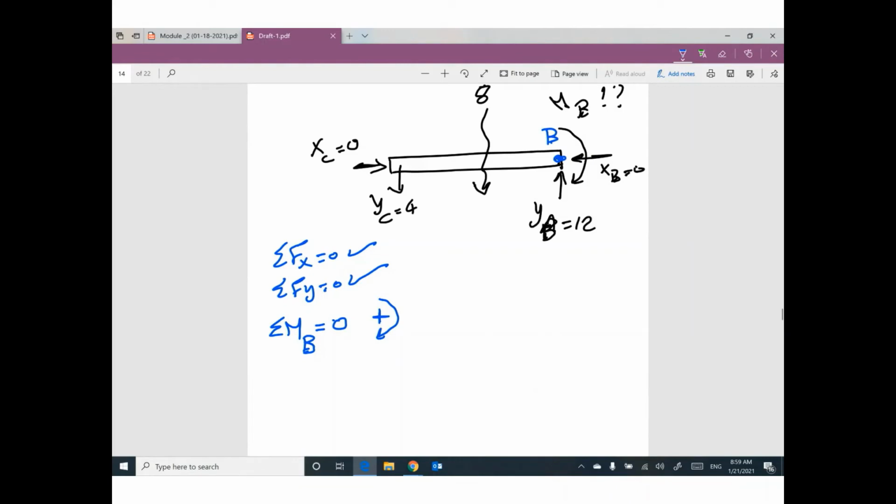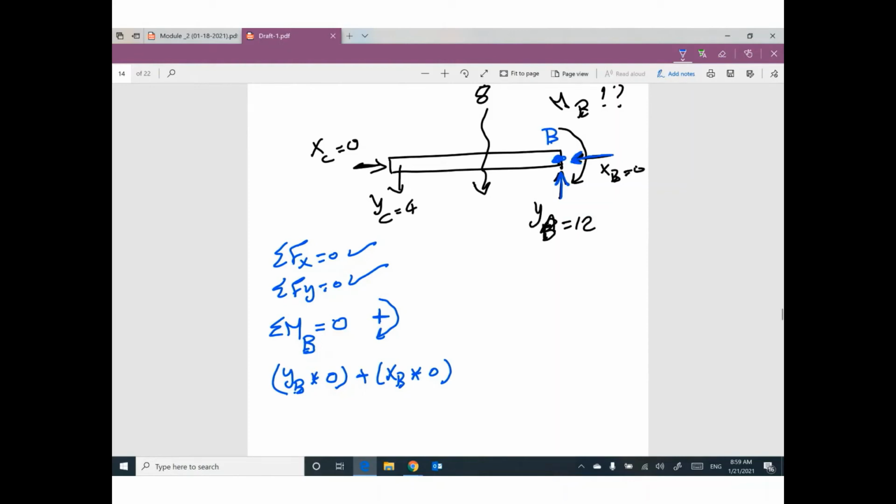If you take moment at B equals 0, okay, distance for YB is 0. Distance of XB is 0. If you are taking a moment at B, the distance between YB and the point B is 0. The distance between XB and YB is 0.